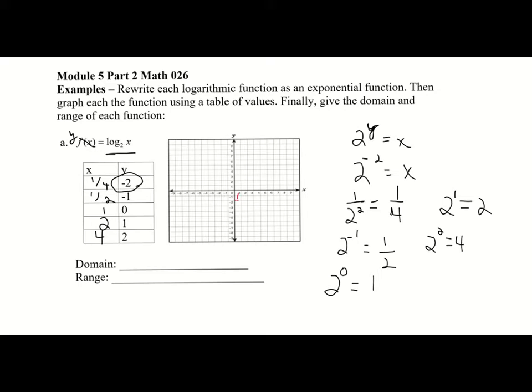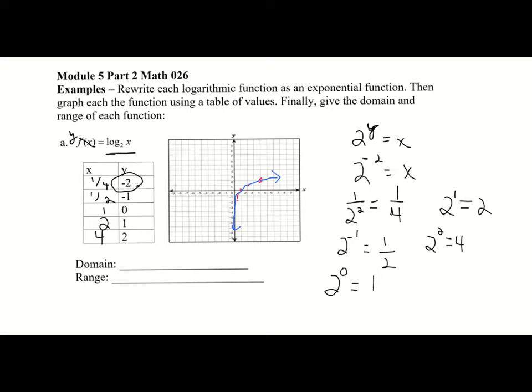So it's right there. 1, 0 will be right there. 2, 1 will be right here. And then 4, 2 will be right there. So now we're going to draw that line, and it should not cross over that y-axis like mine did, but again, it's the inverse of the exponential function, 2 to the x power.